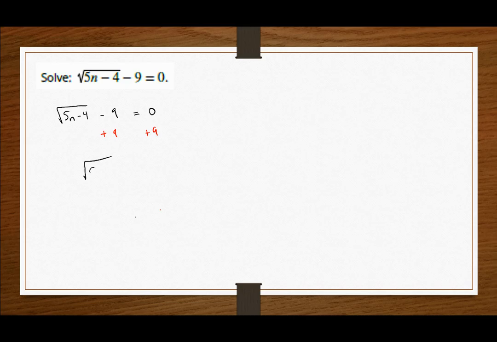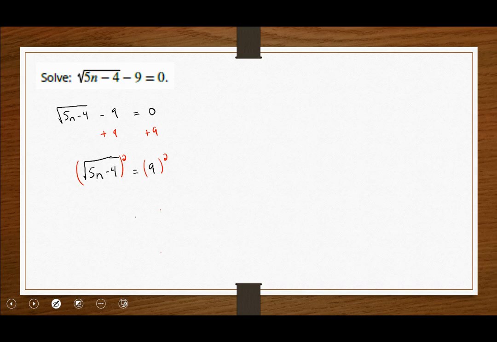So here we have the square root of 5n minus 4 is equal to 9. Once in this format, we can undo the operation of the square root with exponentiation. If we square one side, though, we have to also square the other. This is maintaining the initial equality given by the problem.